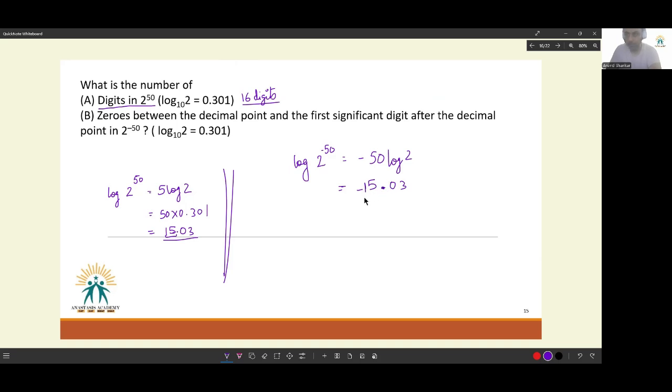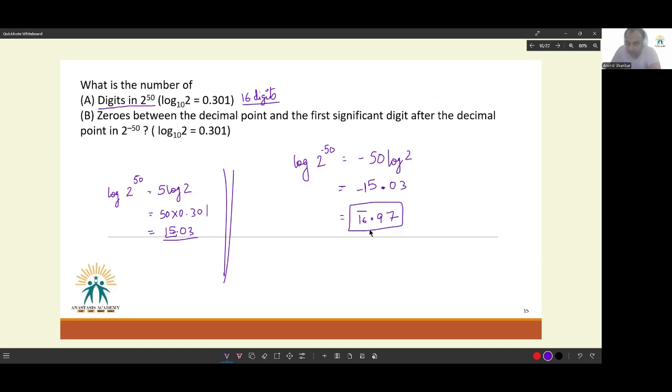Now remember, this is the mathematical value. This is not the log representation. The log representation of 2 raised to the power minus 50, log of 2 raised to the power minus 50.